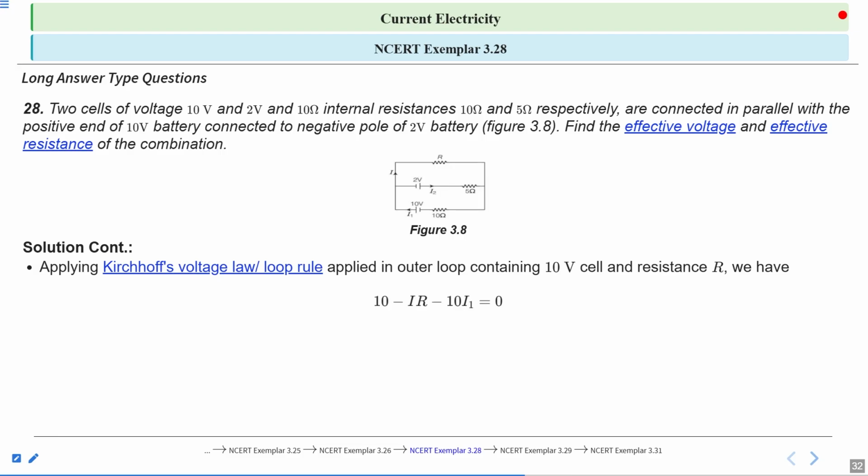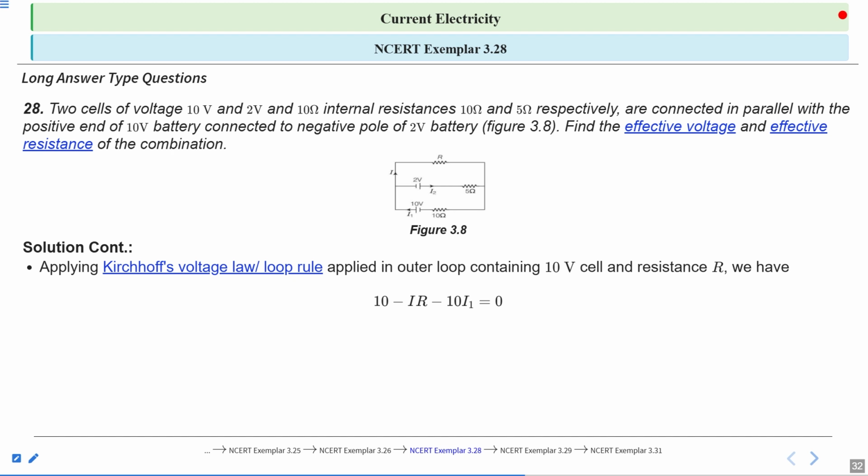So now we are moving in the direction of I1 current. In the battery we are going from negative terminal to positive terminal, so we will take positive EMF 10 volt.